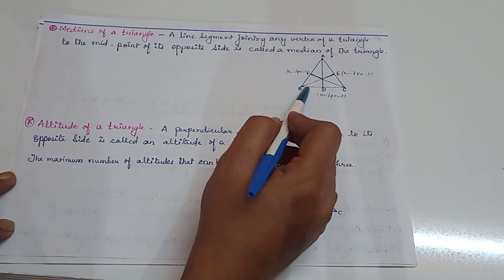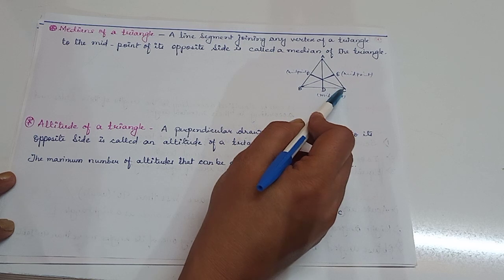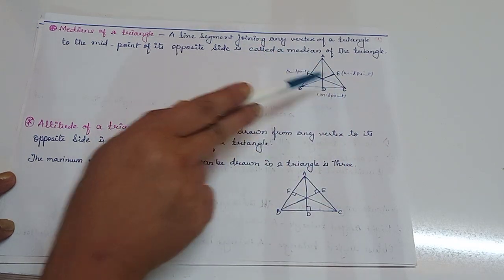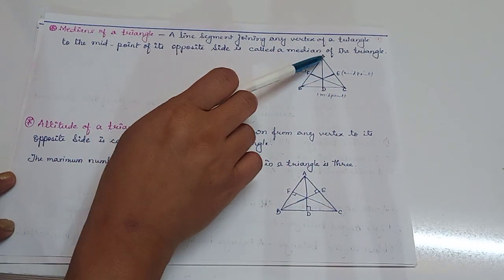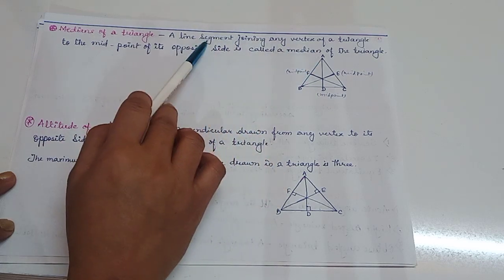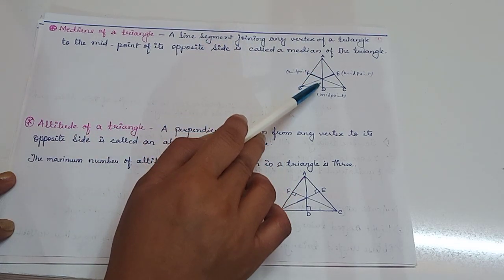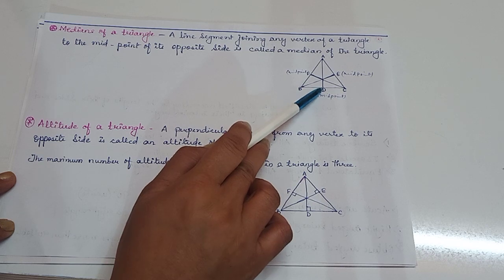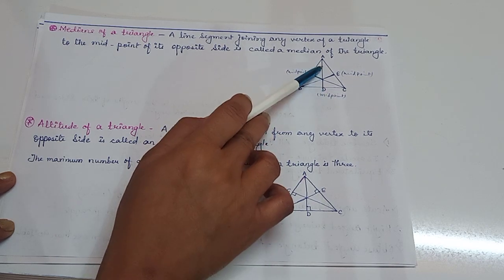Okay, so here D is the midpoint of BC, E is the midpoint of AC, and F is the midpoint of AB. If the line segment joining any vertex of a triangle to the midpoint of its opposite side, then this line, AD, is called a median.